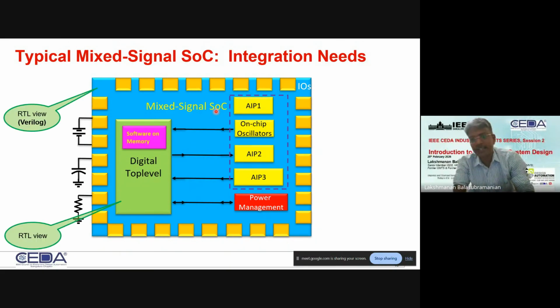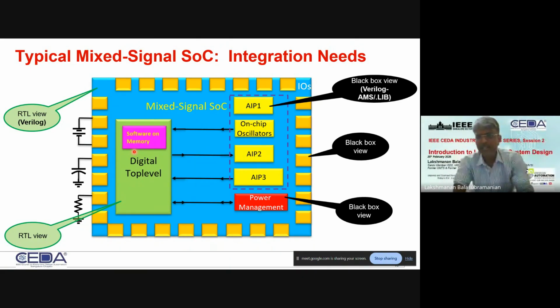I won't get into the syntactical details of this in today's discussion, right? All that we are saying is that whatever I'm showing in the picture here, the entire top level, instances of IOs, instances of analog without their power connectivity, only the signal connectivity, and the complete digital behavior without power connectivity, all of this is captured in the RTL view, right? And then for all the analog IPs and mixed signal IPs, their boundary conditions are captured because they're unsynthesizable, they're only simulatable.